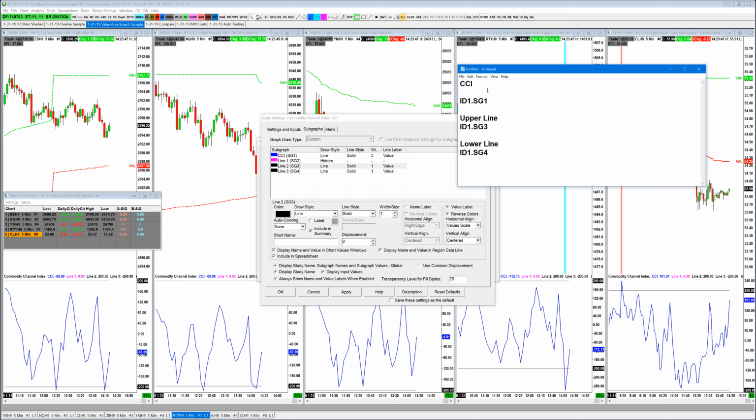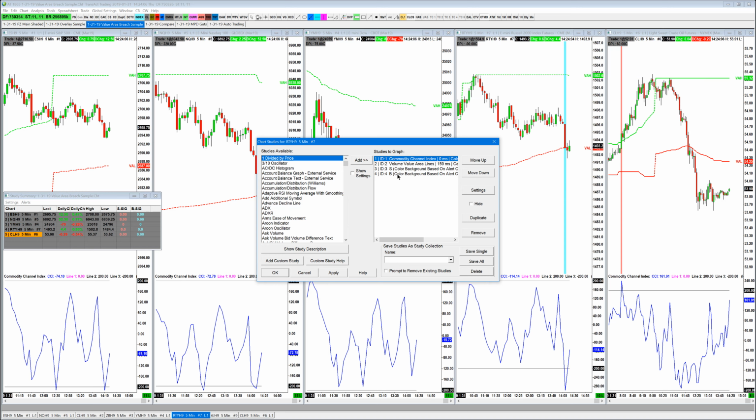So when we refer to the CCI, we're going to be using those values. Sometimes I keep these handy so I don't have to go back and look, so a lot of times I'll write them down or put them in Notepad. Those are the relevant parts of the CCI we care about, because we're going to be caring about when the CCI is below or above this level.